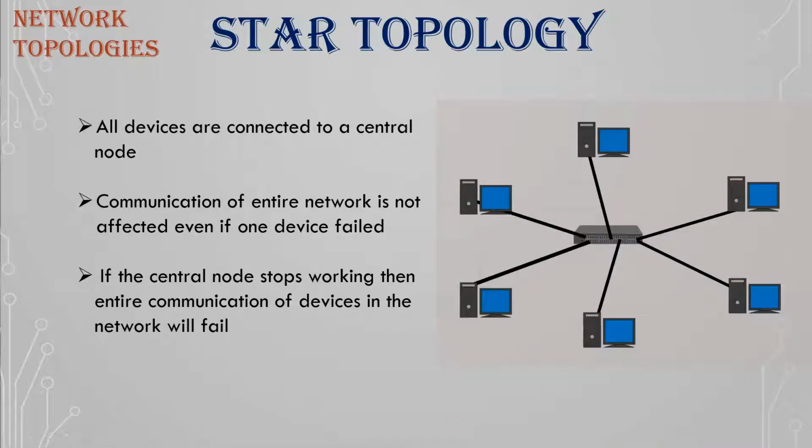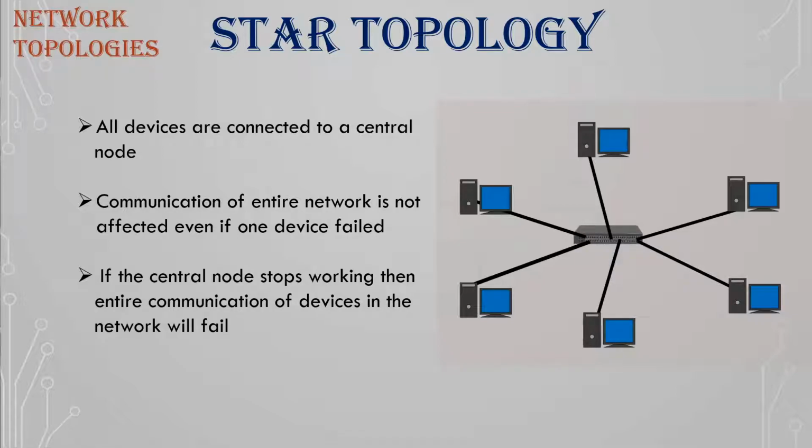Star topology. In star topology, all nodes in the network are connected to a central node like a hub or switch, which gives this topology the structure of a star shape. We can see in this picture representation that all the computers available in the network are connected to a central node, which is the switch here.